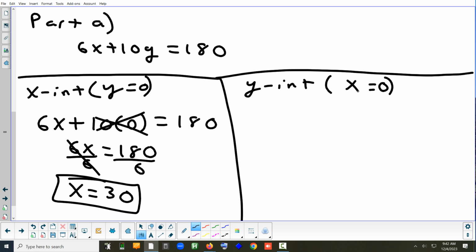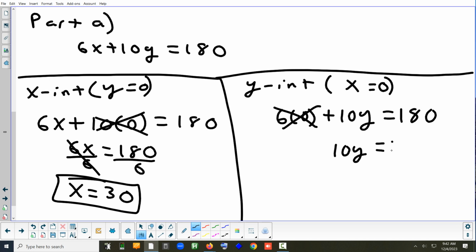Okay. So let's fill it in. 6 times 0 plus 10y equals 180. What's 6 times 0? 0. So I'm left with 10y equals 180.